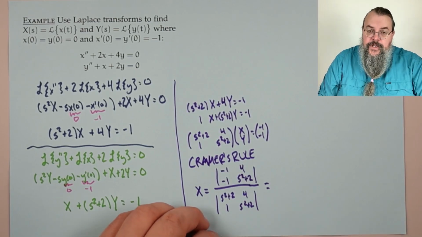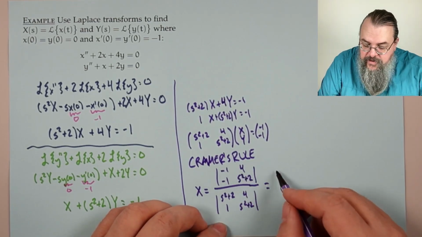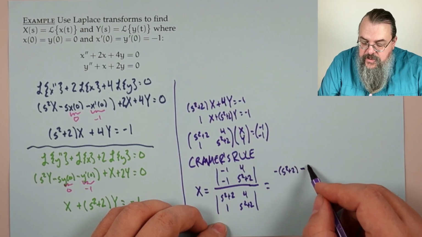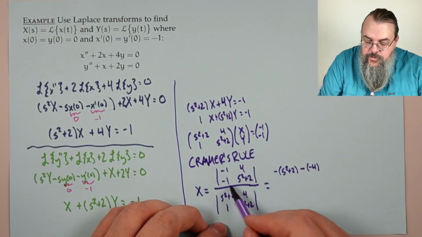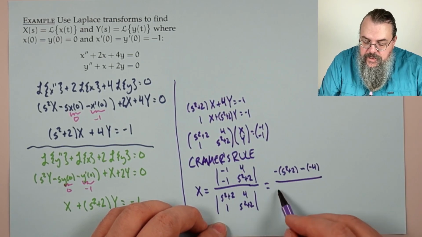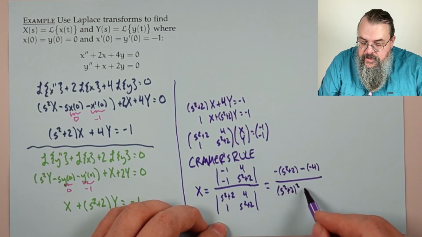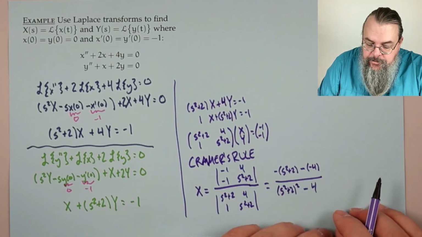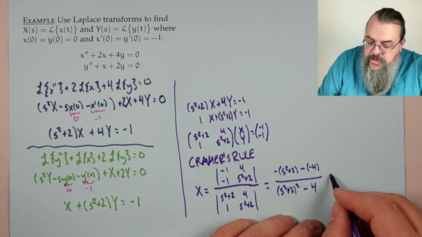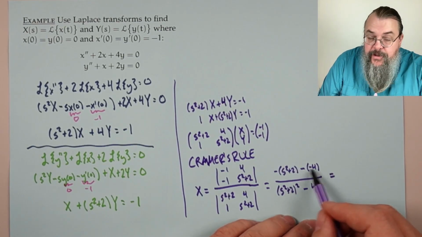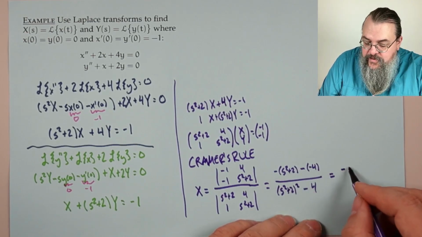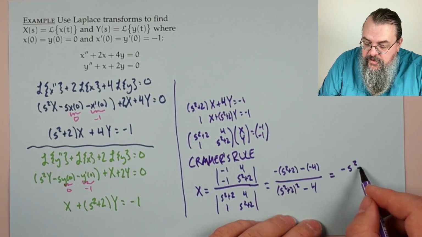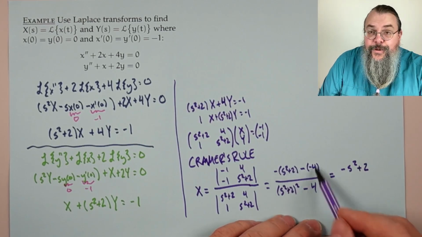Okay, so upstairs we have the following. Minus s squared plus 2, subtract minus 4. Downstairs, we'll get s squared plus 2 squared, subtract 4. That makes it here, minus minus 4 makes a plus 4. And so we have a minus s squared and actually plus 2, because it's minus 2 plus 4.